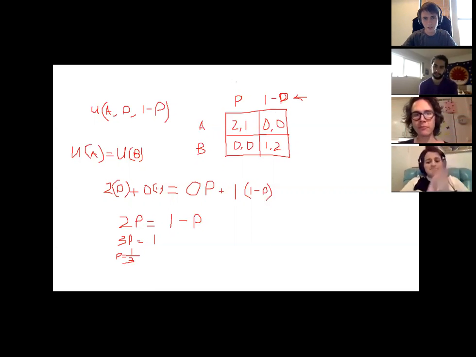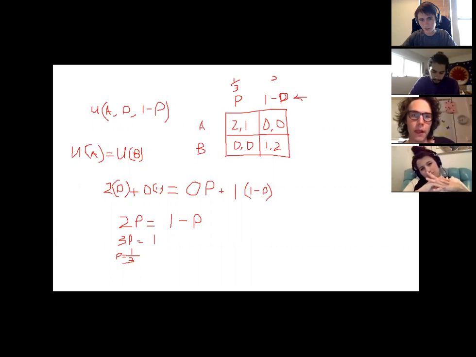Ta-da! So now we know that we're going to play P with a probability of 1/3 and 2/3 for 1 minus P. Or D if you wanted to call it that.